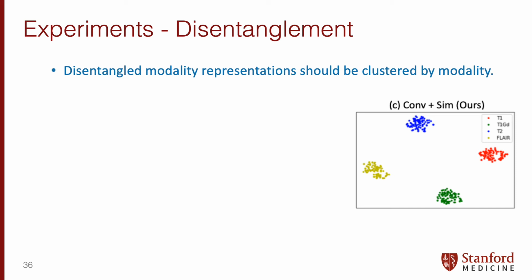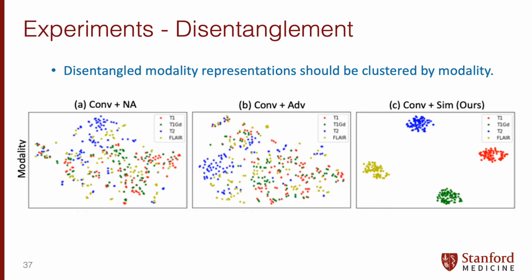And it's just like our result in this plot. As we can see in these 2 plots, the modality representation by competing methods are mixed together. It suggests that there is some anatomical information leaking into the modality representation.